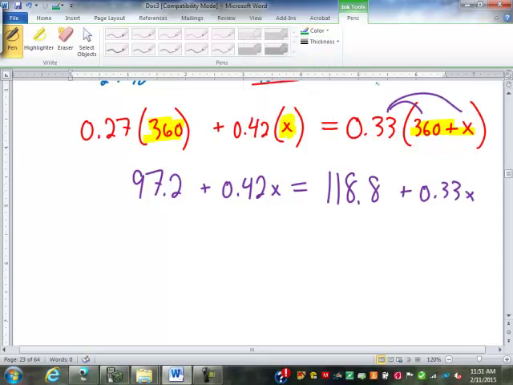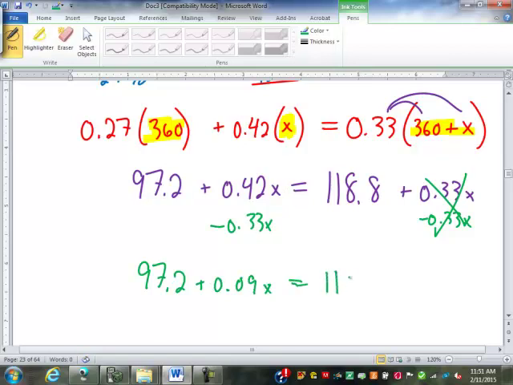And now we have to get rid of one of the x's because we have an x on each side. We'll subtract the smaller one, which is 0.33x. We still have the 97.2. 0.42 minus 0.33 is 0.09x. And over here, all we have left is the 118.8.